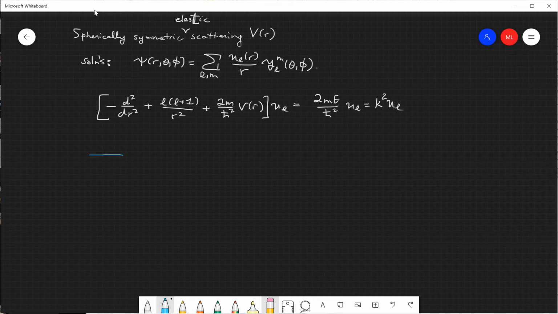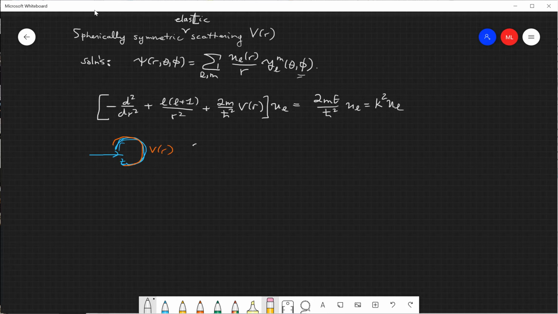There's nothing that breaks the phi symmetry. You have an incoming thing along the z direction, right? And you have some spherically symmetric potential V of r. I guess I drew it like this. So there's symmetry around the z-axis. So we also have that there's no phi dependence for our solutions.